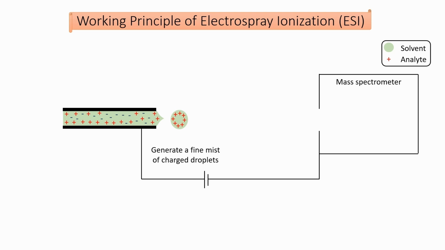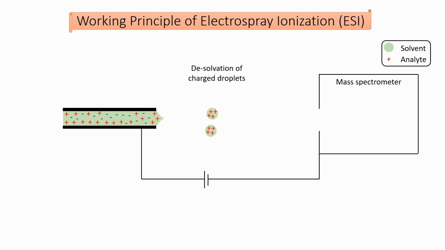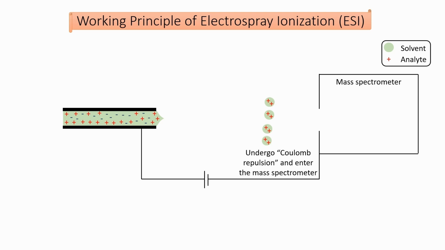The charged molecules within the droplet spread across the surface to minimize Coulomb repulsion. As the droplet undergoes desolvation, the repulsive force on the droplet surface will increase. Once the repulsive force exceeds the liquid surface tension, the charged molecules will be liberated into the gas phase and enter the mass spectrometer.